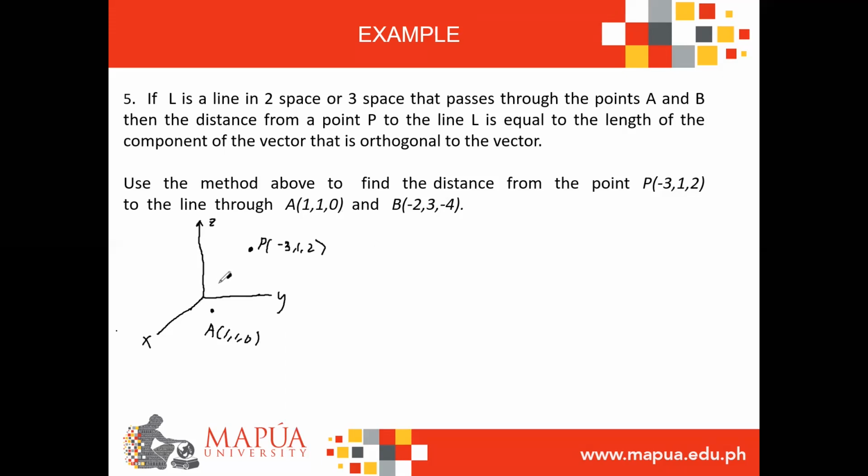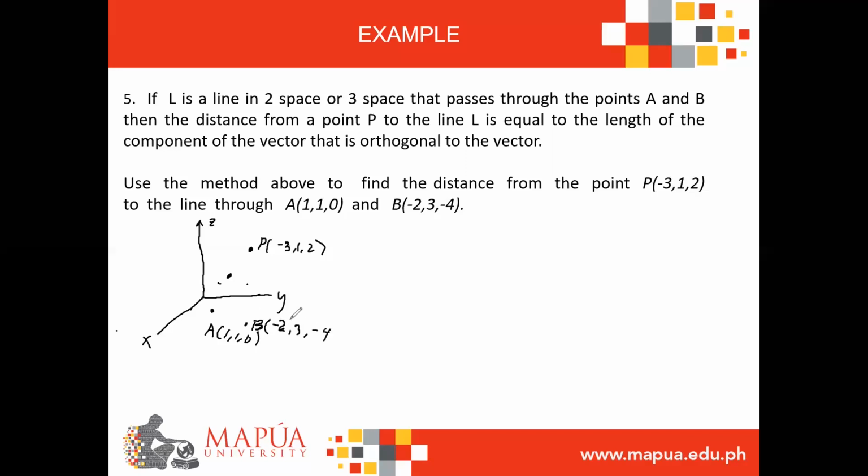For negative 2, then positive 3, then negative 4. Suppose these are now your 2 points, A and B.